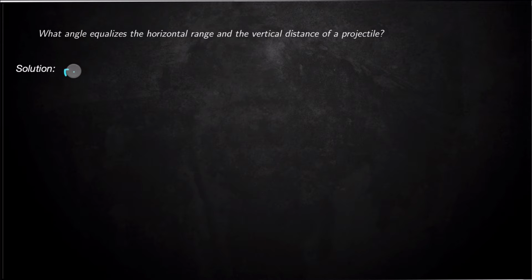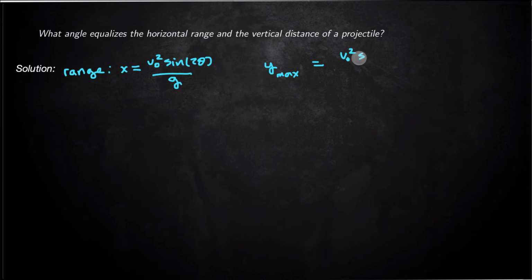So, let's talk about the range equation. The range equation was x equals v0 squared sine of 2 theta over g. And the y max, the maximum vertical value, was given as v0 squared sine squared theta over 2 times g, where g is a gravitational constant.